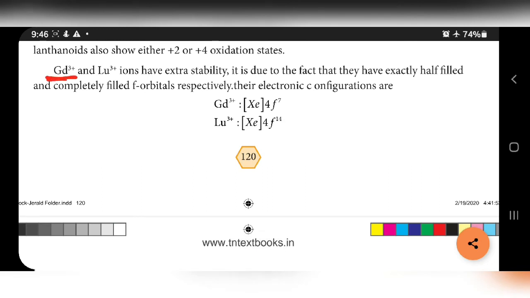Gadolinium 3+ and lutetium 3+ ions have extra stability. Gadolinium's electronic configuration is 4f7 5d1 6s2.